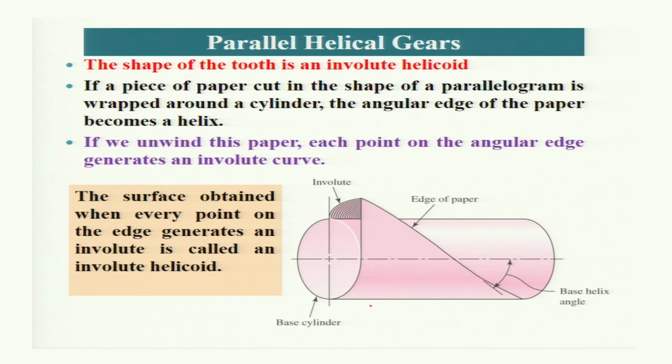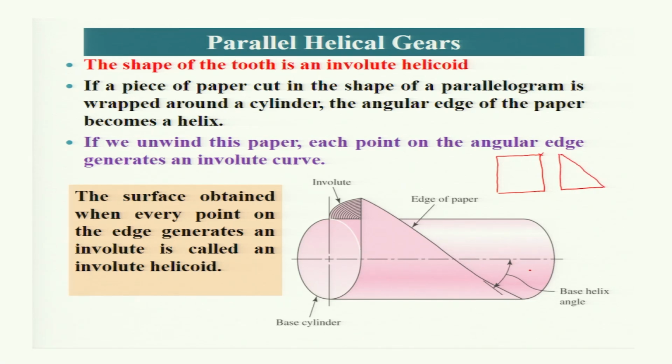Involute helicoid means, let us have a cylinder, and on this cylinder a paper is wrapped in such a way that we have a rectangular paper, and we have wrapped this edge on this one, and now the paper has become of this shape.